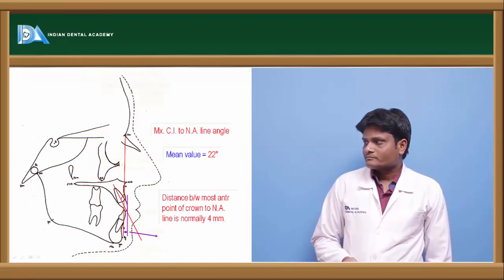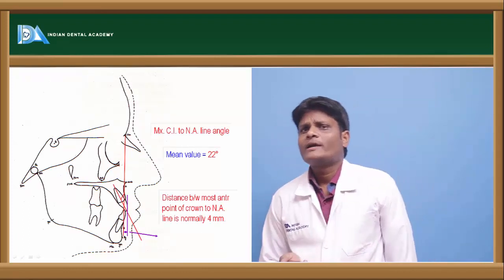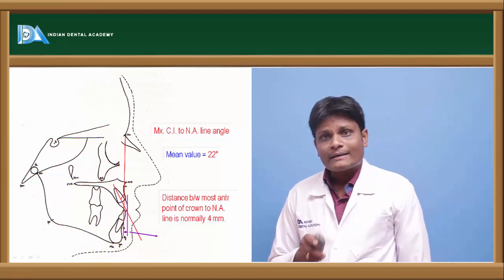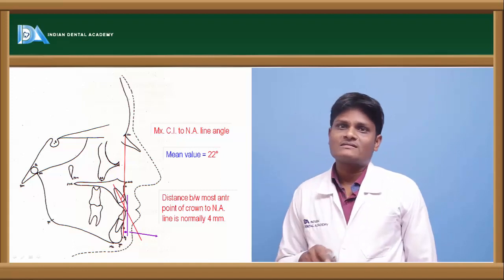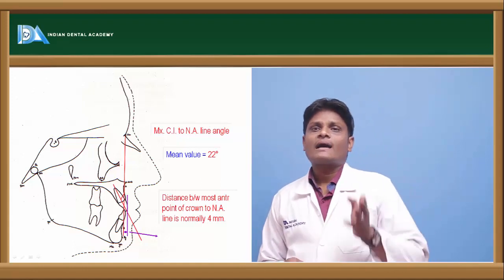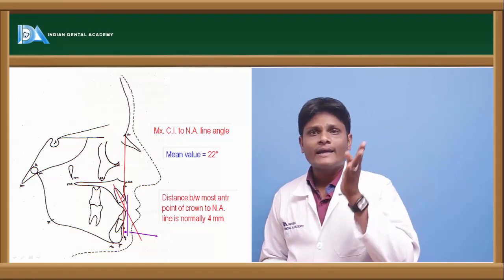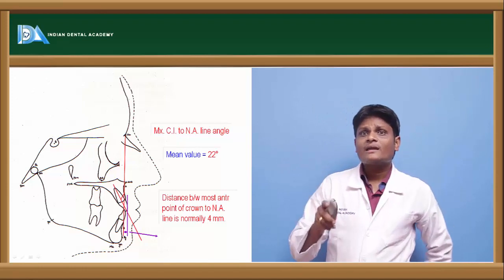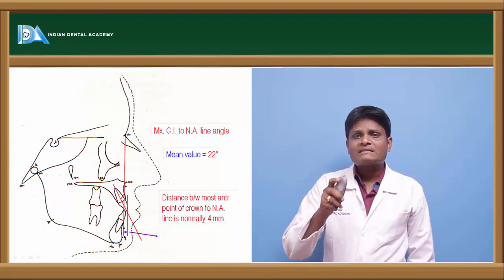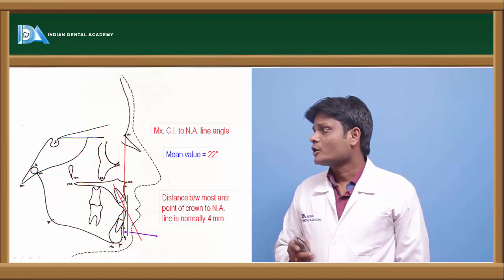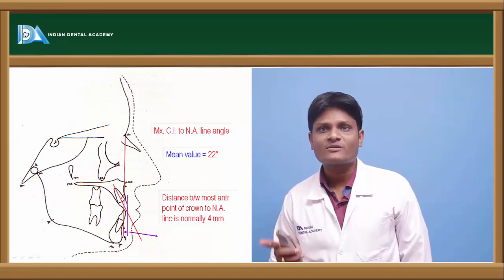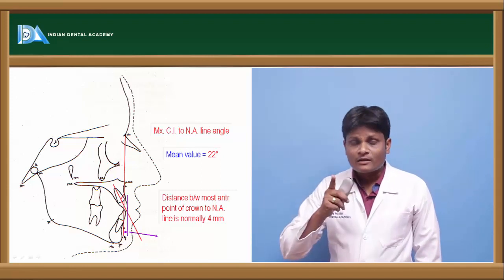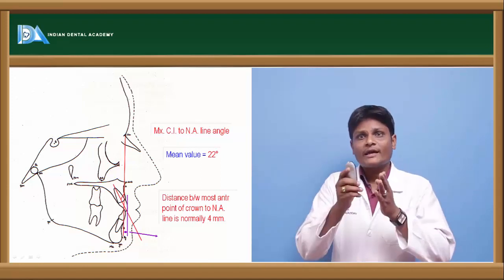Here we draw a line along point N to point A. This is called the NA line, and we draw another line along the long axis of the upper incisor. Now we will see the angle between the NA line and the long axis of the upper incisor. For a given A and B of 2 degrees, the upper incisor to NA angle should be 22 degrees. This is the angular measurement. We also measure a distance from the anterior or labialmost point on the upper incisor to the NA line.